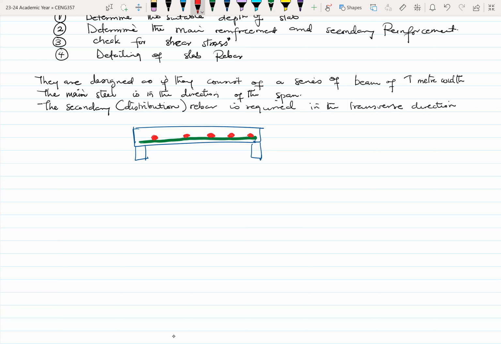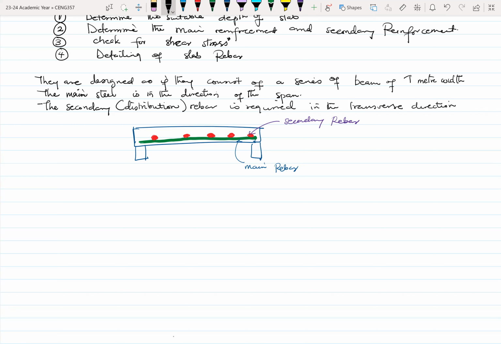The green will be your main rebar, and the red will be your secondary rebar.